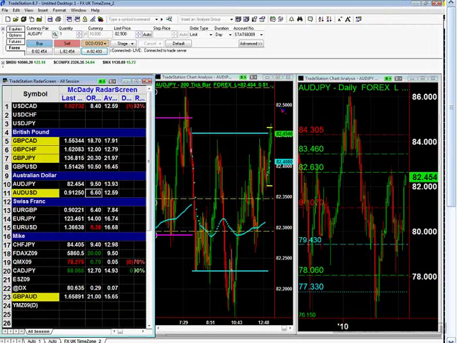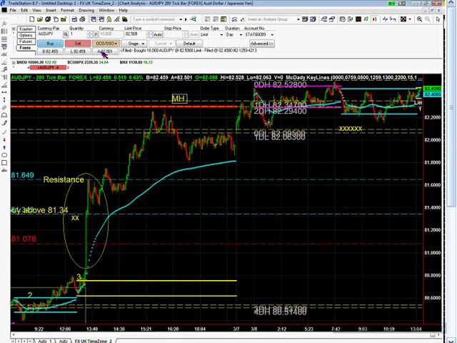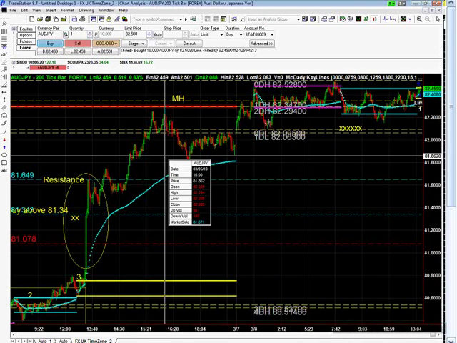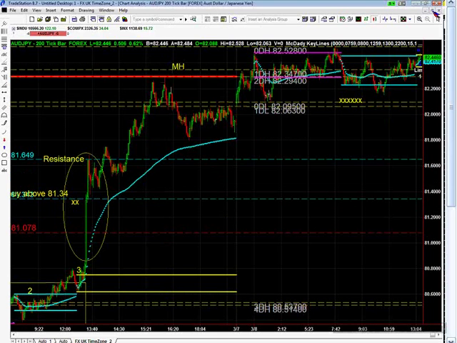The Aussie dollar is also good. So I'm just waiting now, but in this case, I want to be a buyer of the Aussie yen. Order filled. I took one right there. And my stop is on the other side of the momentum. So my momentum high is 82.29. My stop on this trade is about 20 pips.